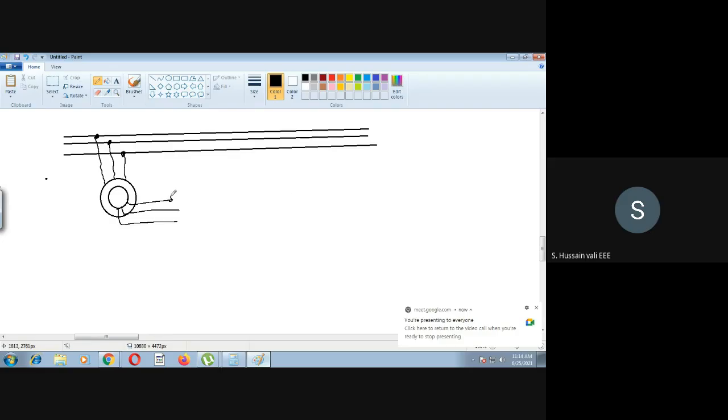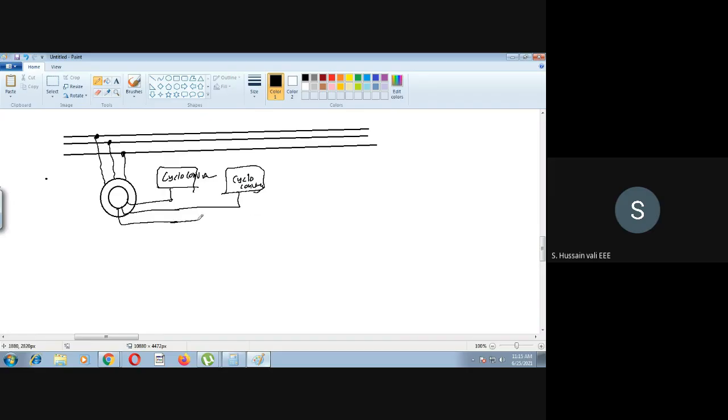Each terminal has one cycloconverter. Now the output of the cycloconverter is coupled to the bus bar.